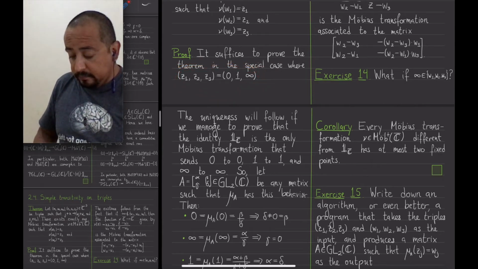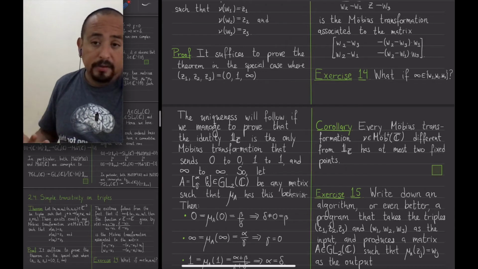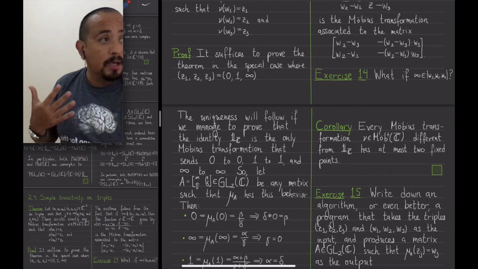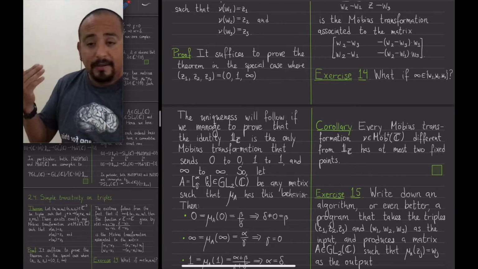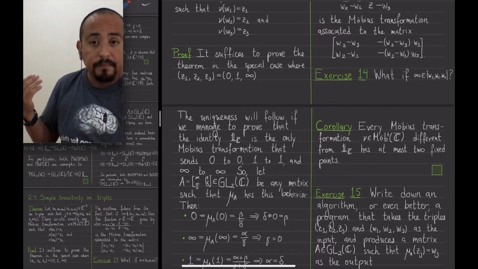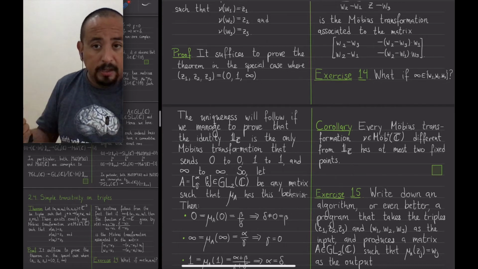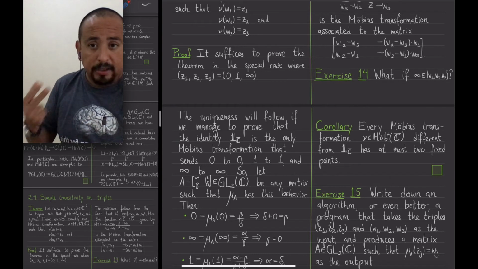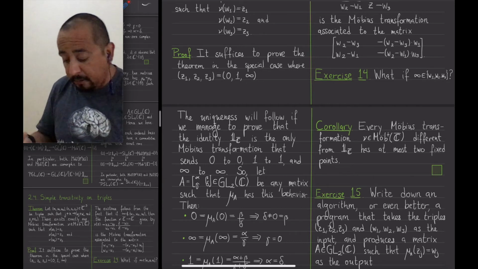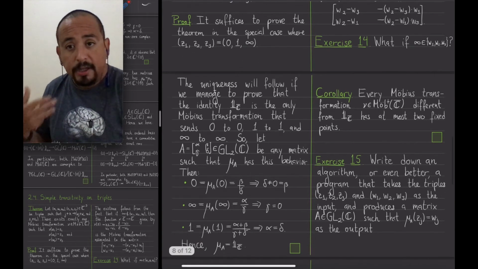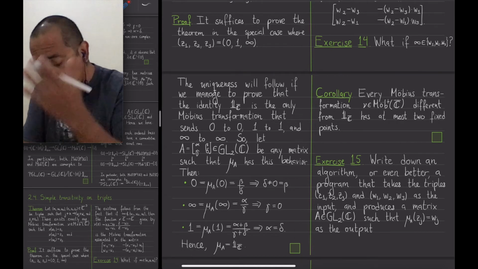For uniqueness, we apply something that I said a few moments ago: one can prove that if we have a Möbius transformation that fixes 0, fixes 1, and fixes infinity, then that Möbius transformation automatically is the identity. And the proof is the same. We actually already gave it in the other argument.